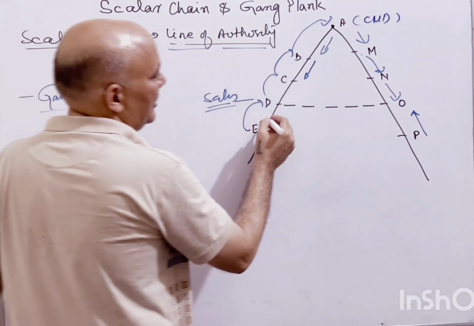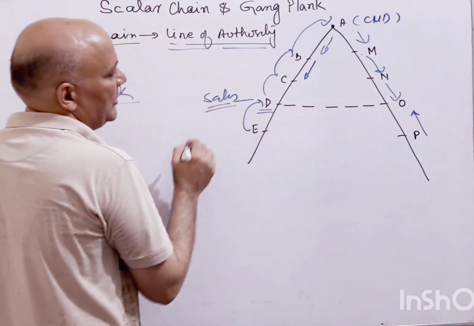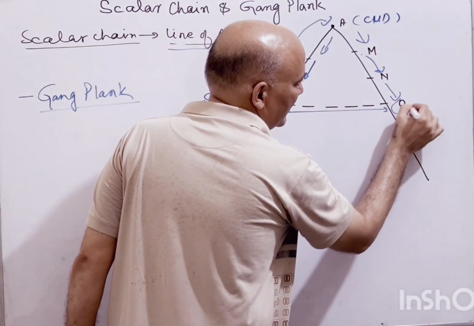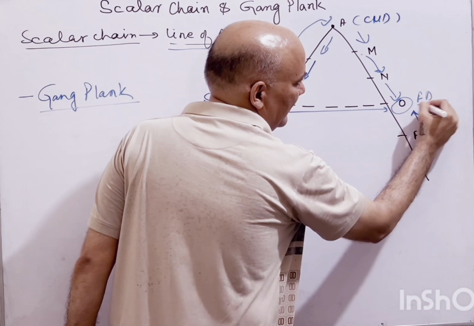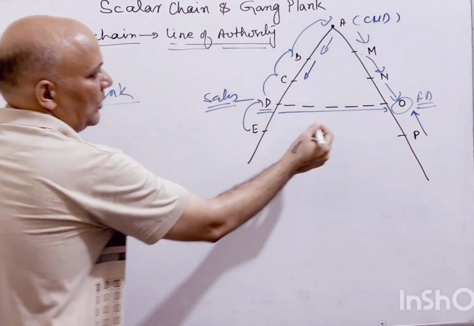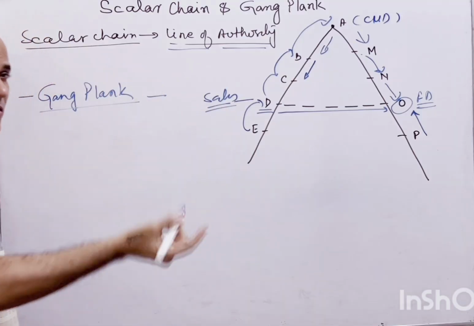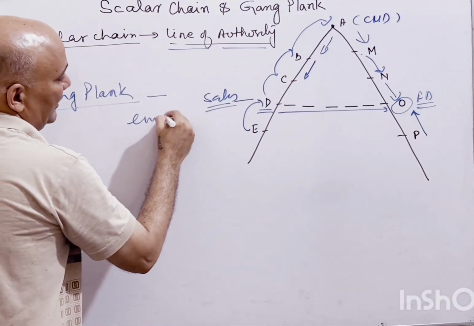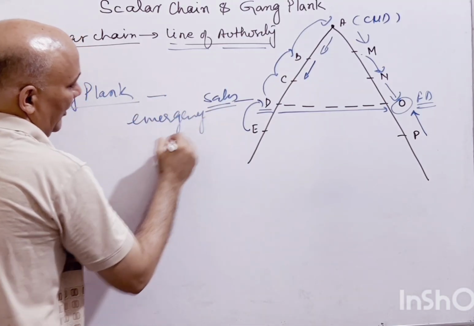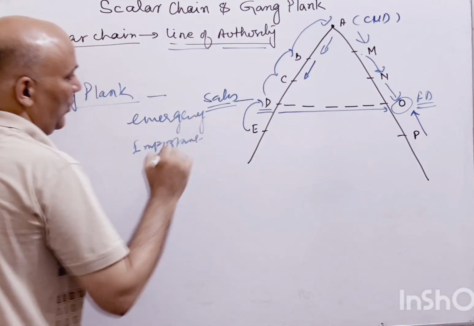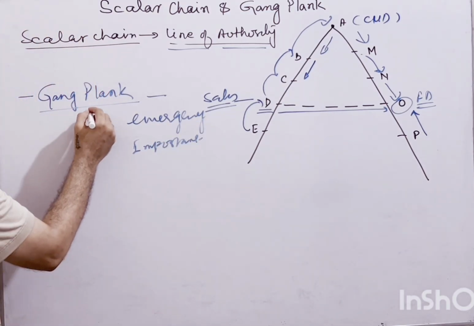In that situation, that departmental head, that is sales department head, Mr. D, he can go directly to O. This is finance department head, right? So he can directly go to O and he can communicate, but that should be some kind of emergency, right? That should be some kind of emergency or very important information which needs to be communicated at once. So that situation is called gangplank.